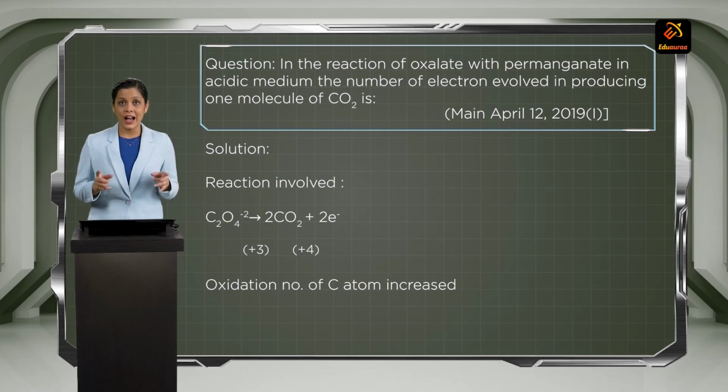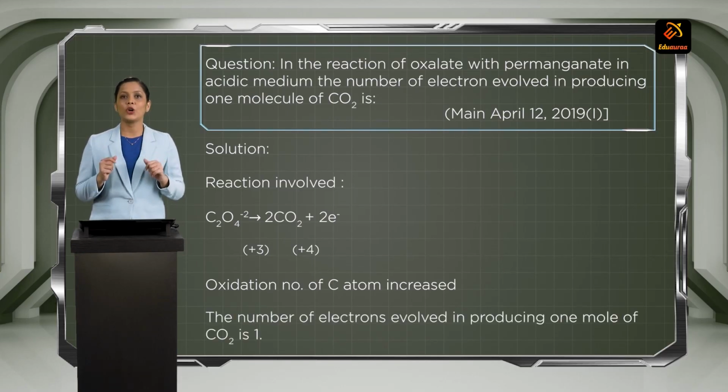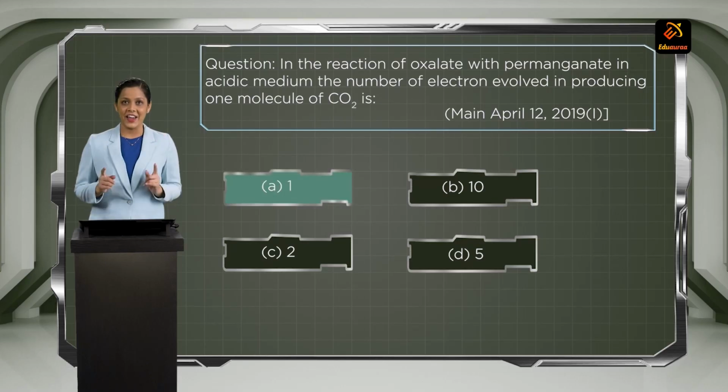Since oxalate has 2 carbon atoms, there is a loss of 2 electrons and we get 2 moles of CO2. But students, the question here is for 1 molecule of CO2. So, for 1 molecule of CO2, the number of electrons evolved is 1. So, here the correct option is option A.